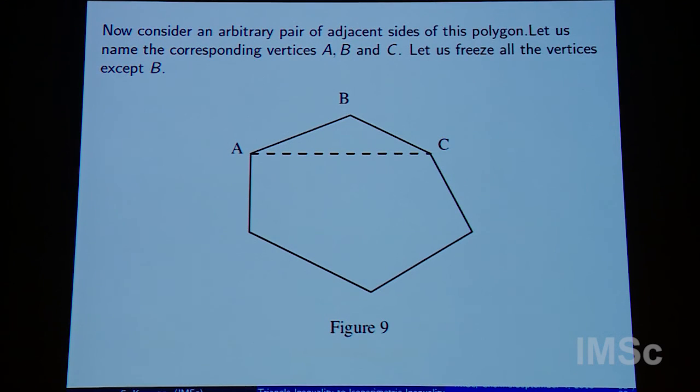So I have skipped the proof of the existence of an optimal polygon. I am assuming it. Now we are going to identify it as the regular polygon.